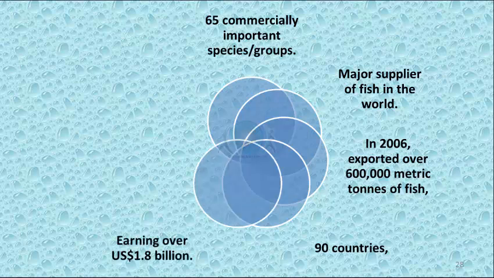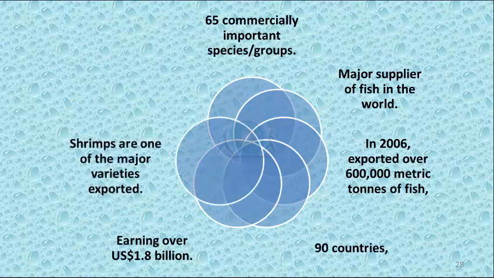Shrimps are one of the major varieties that have been exported. Giant prawn is the dominant species cultured, followed by Indian white prawn. Farmed shrimp accounted for about 60% of the shrimp exported.